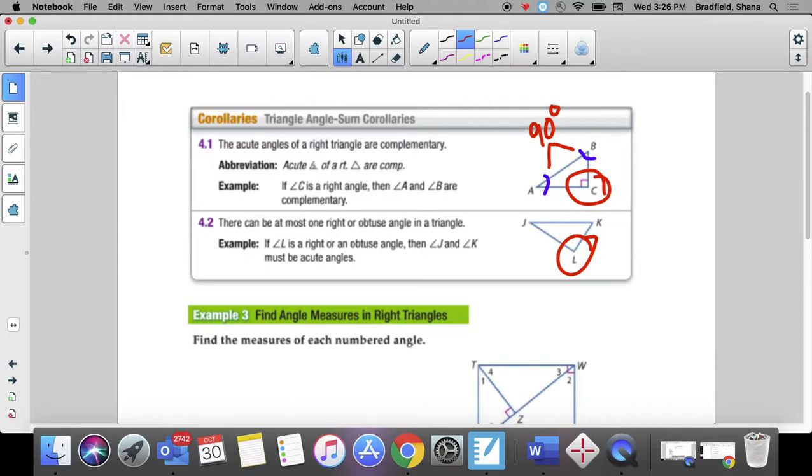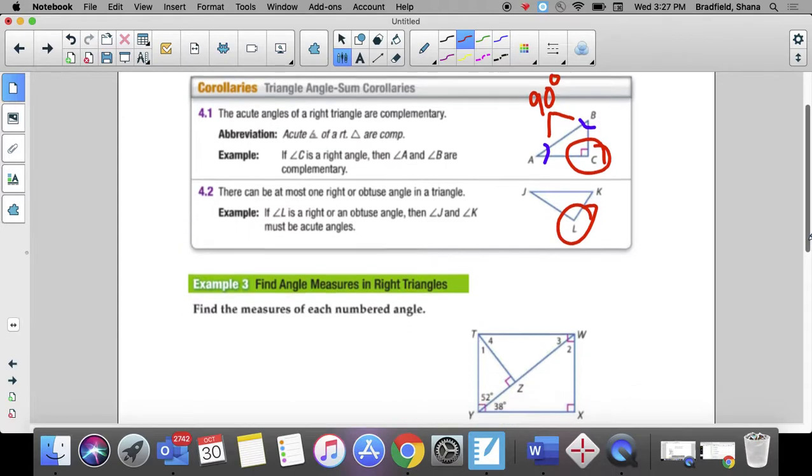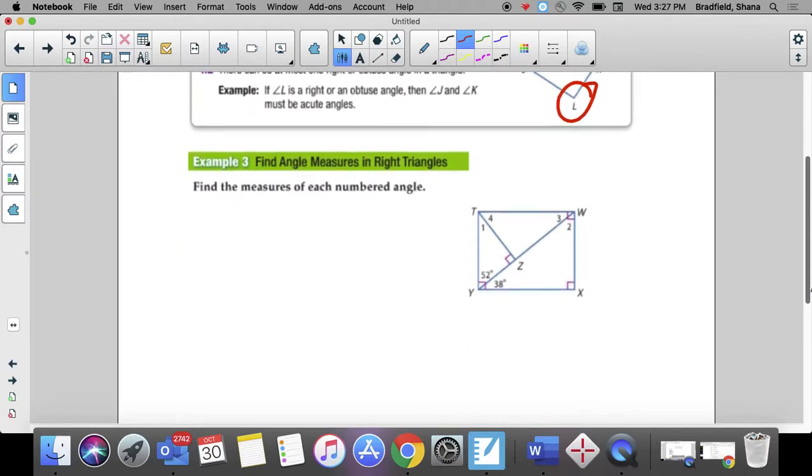So I can't have another 90 because the two remaining ones have to add up to 90. And if I have an obtuse angle, let's say it's 110 degrees, well, J and K then would have to add up to 70 to get 180, which is acute. So I can't have any more obtuse ones. So it's really more logical, but we can use those ideas.